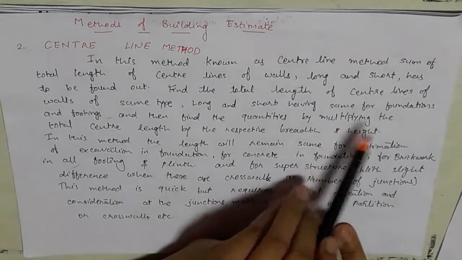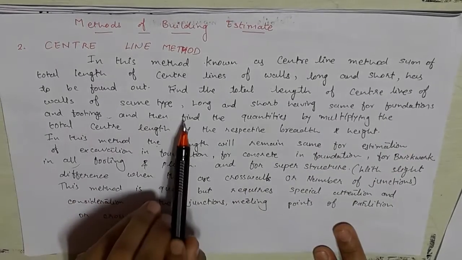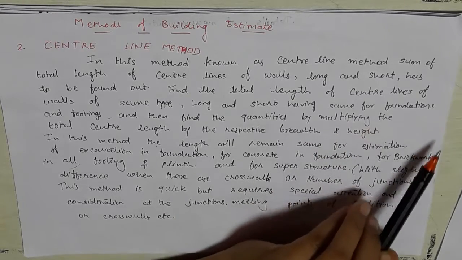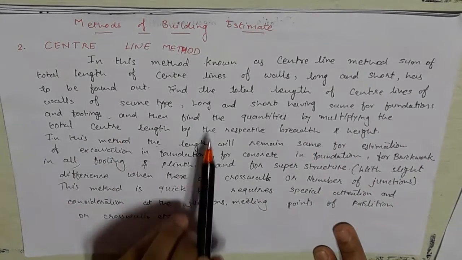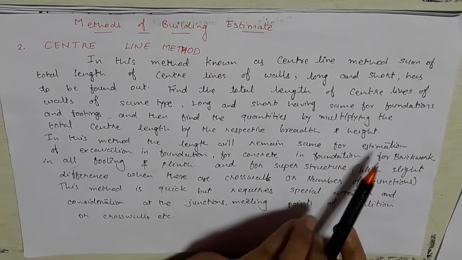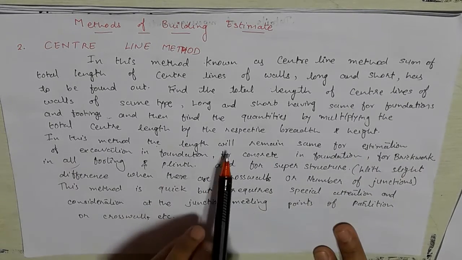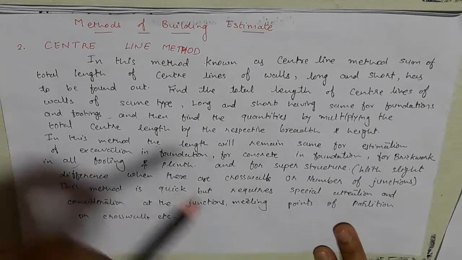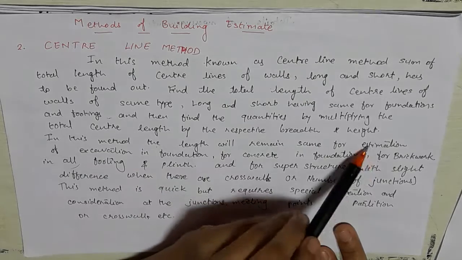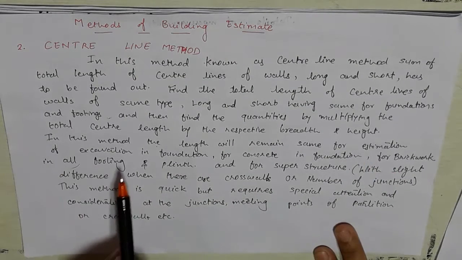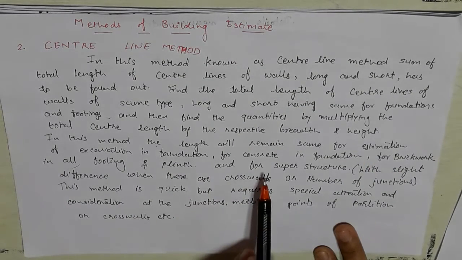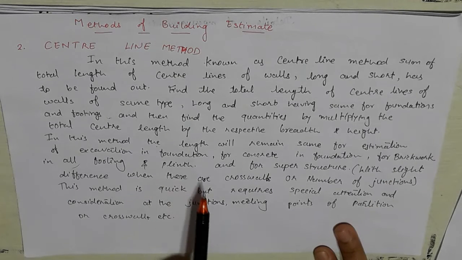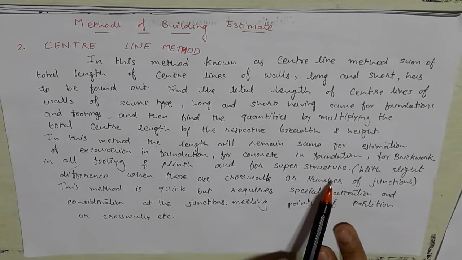Find the total length of the centerline of the walls of the same type, long and short, having the same foundations and footings, and then find the quantities by multiplying the total center length by the respective breadth and height. In this method, the length will remain the same for estimation of excavation in foundation, for concrete in foundation, for brickwork in all footings and plinth, and for the superstructure.